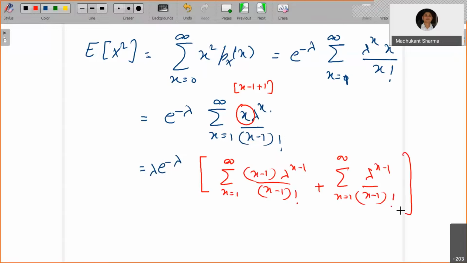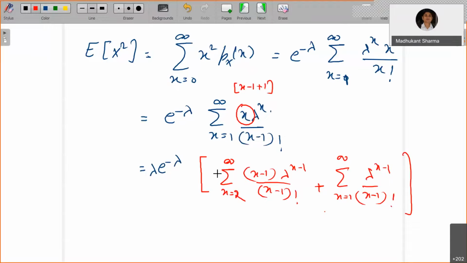I am just doing some little arrangement here. Note that for the first term, x equals 1 will not contribute anything, because x minus 1 is 1 minus 1, which is 0, and 0 into something is 0. So you can certainly start with x equals 2.